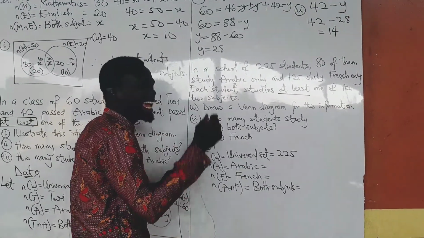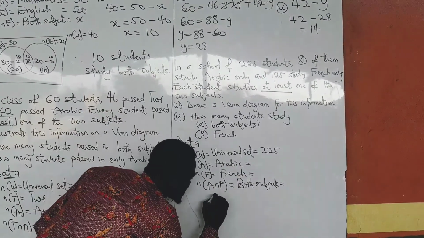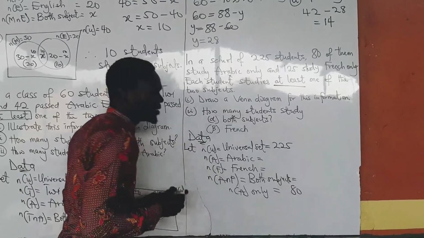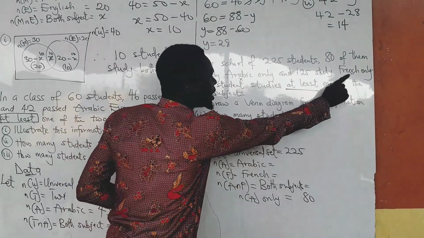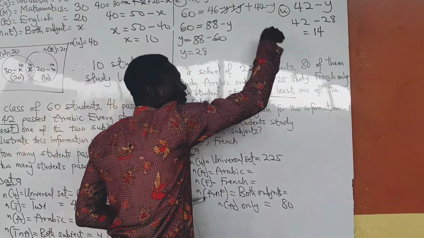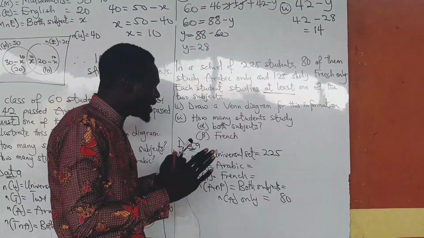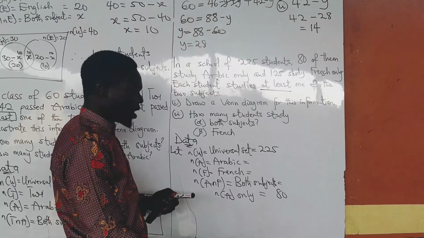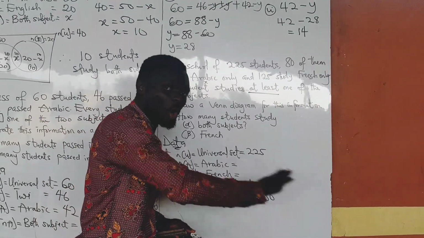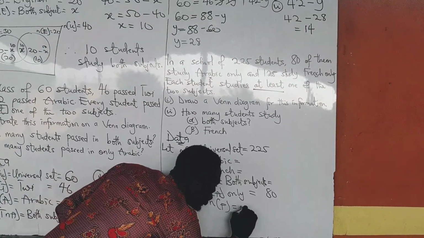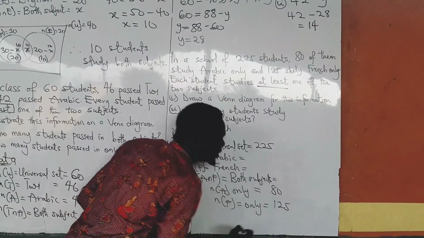So we are going to write it Arabic only as the number A only, which is equal to 80. Then when you continue, 125 study French only. They did not study French, but French only. So also we are going to say the number F only from the question 125.